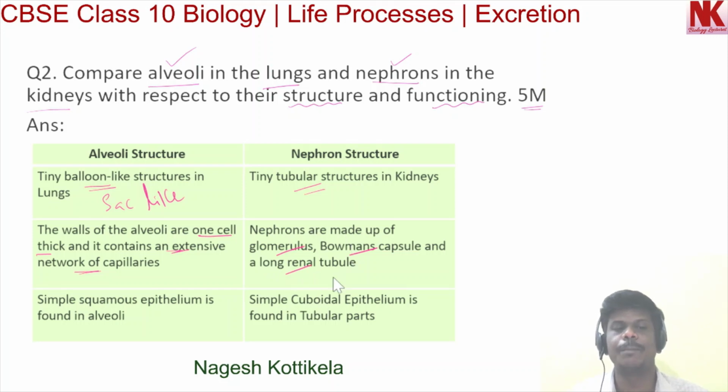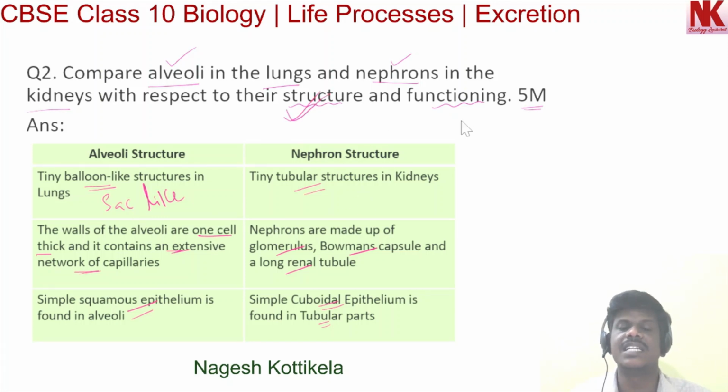So these are the different parts present in the structure of the nephron. Simple squamous epithelium is found in the alveoli and simple cuboidal epithelium is found in the tubular parts of the nephron. So these are the structural differences between alveoli and nephron.